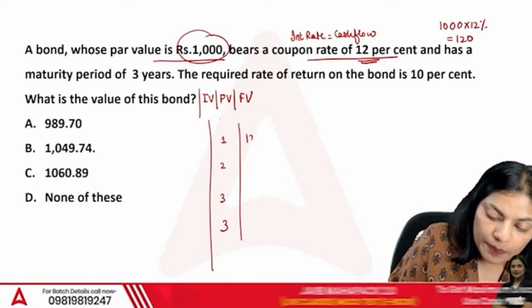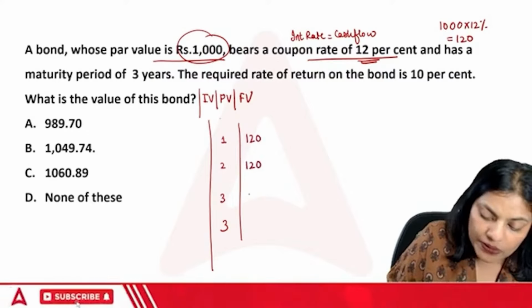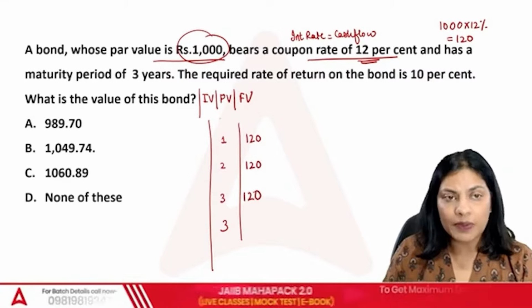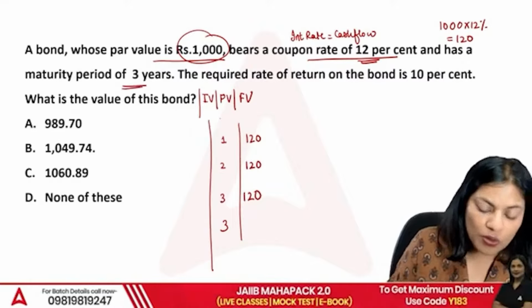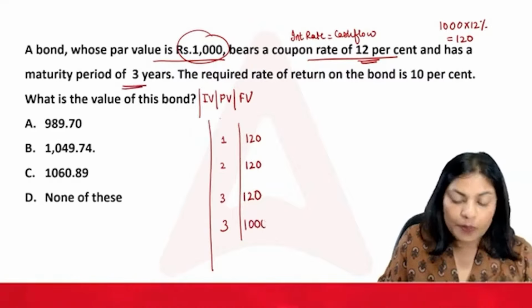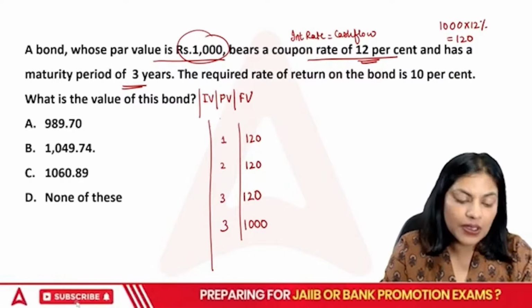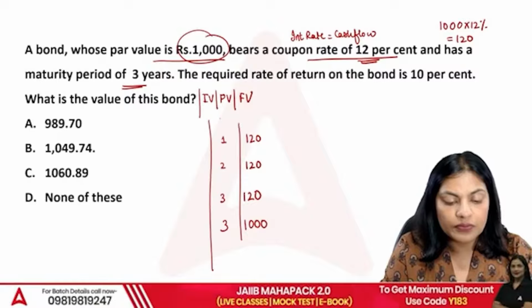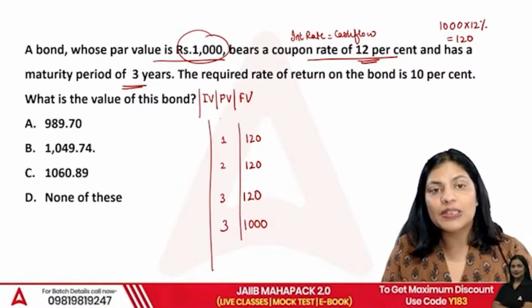So it would be 120 over here for 3 years. And at the end of the third year, which is your maturity period, you will also get the principal, which is 1,000. So you will not only get the interest, you will also get the principal amount.